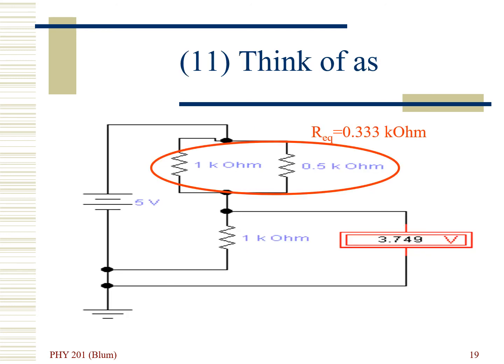So let's look at that. This is almost the previous scenario flipped on its head. After coming out of the 5-volt battery, I encounter a parallel combination of the 1 kilo ohm and the half kilo ohm in parallel. So that gives me an equivalent resistance of 1/3 of a kilo ohm. And then I must go through a 1 kilo ohm resistor, and then I am home and done.